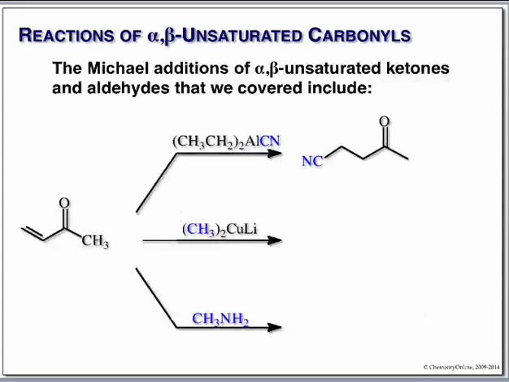Simple Michael style addition. We also saw that dialkyl and diaryl copper lithiums can add to our beta position. And then what is actually the original Michael reaction, amines also add to the beta position to give, in this case, a secondary amine.